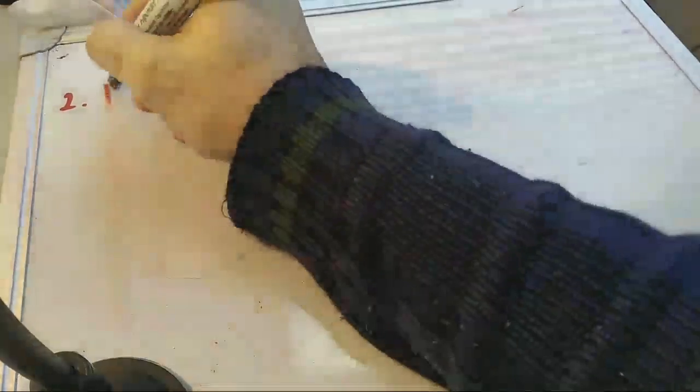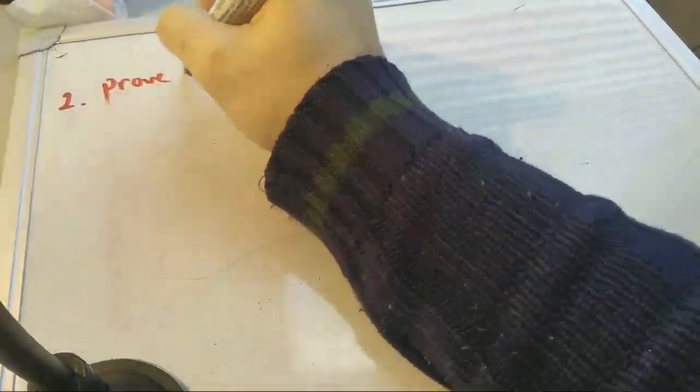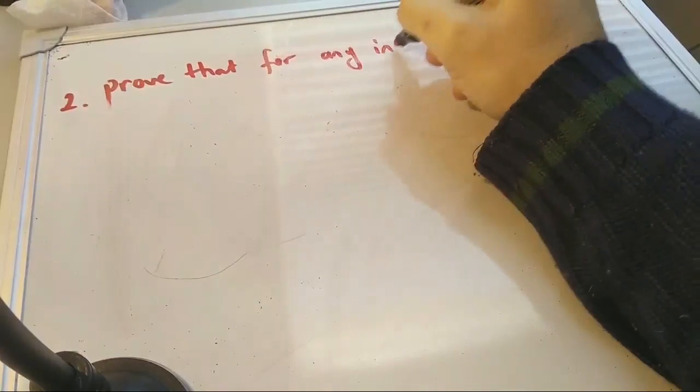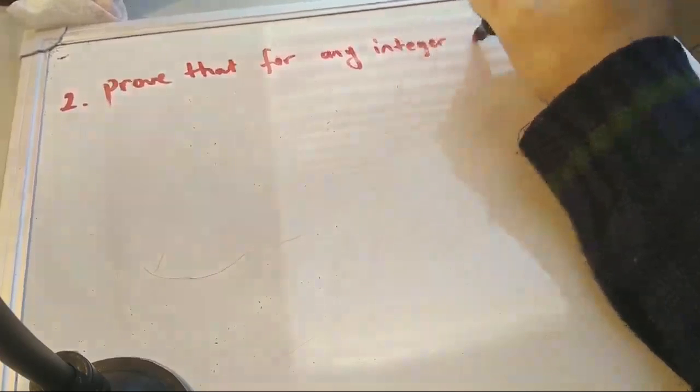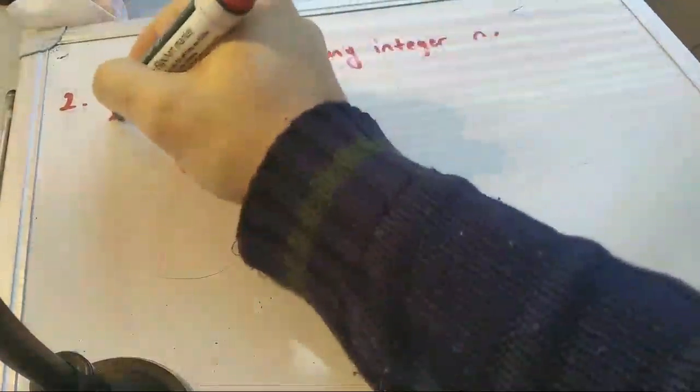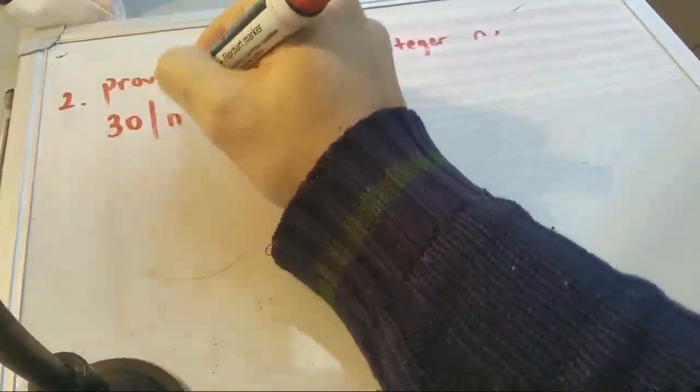And the second question. Prove that for any integer n, 30 divides n to the power of 5 minus n.